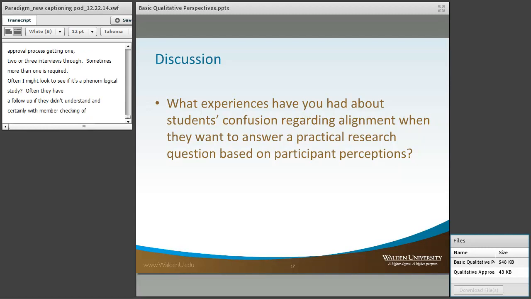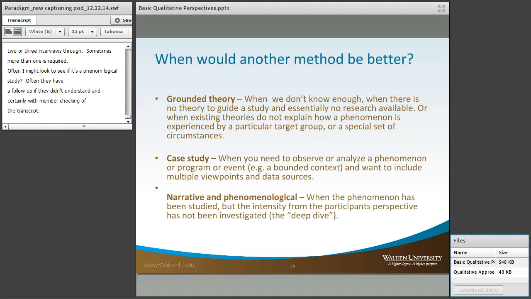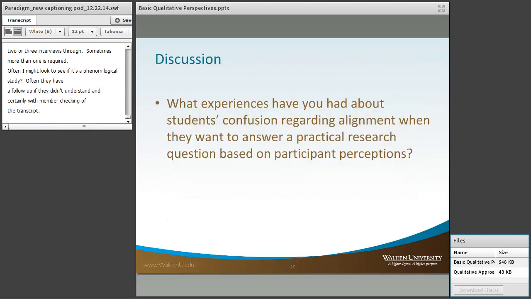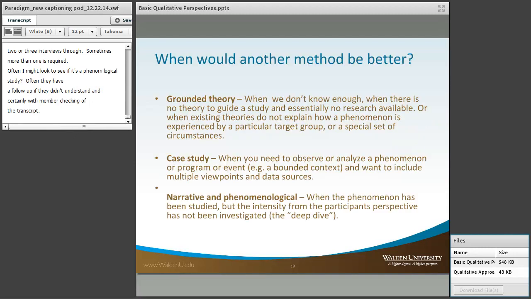One other thing I'd like to point out on this discussion question is I think there is also a place of confusion in terms of what students can state with regard to the significance of a study. In other words, when you're working on a basic qualitative design, the intent is to help understand what people are experiencing around a particular phenomenon or an event or a program.